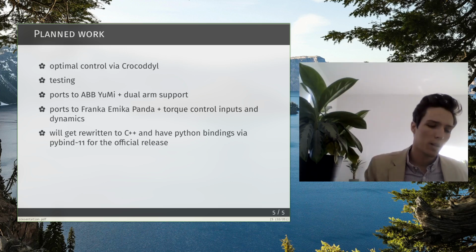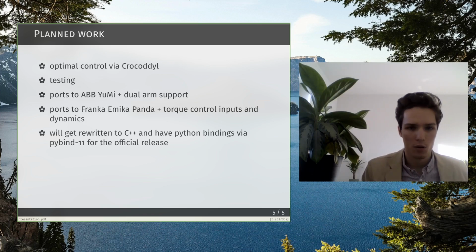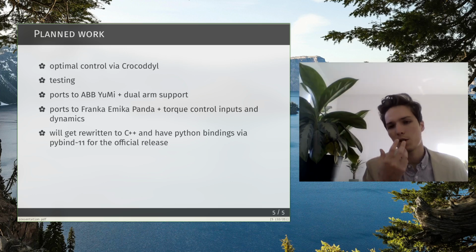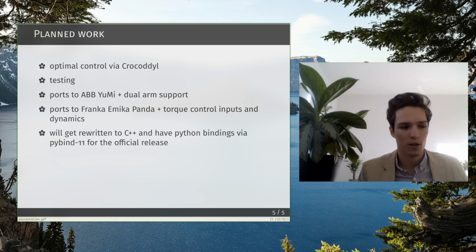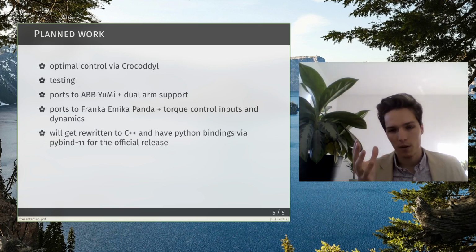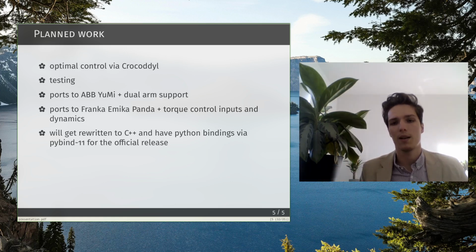Once the library is ported to different robots and has torque control inputs and optimal control, it will have reached the point where the number of things you get out of the box is considerable. Although again, its purpose is for people who want to add more things to the robot. That's why it's so simple and so easy to change things.